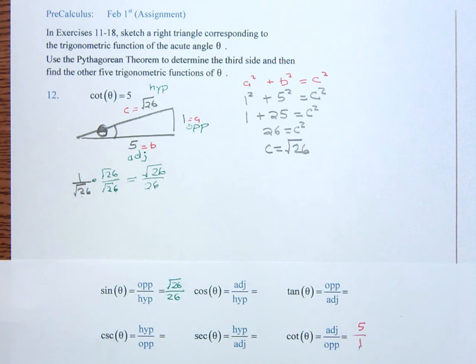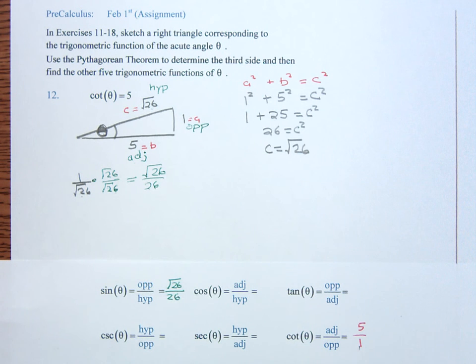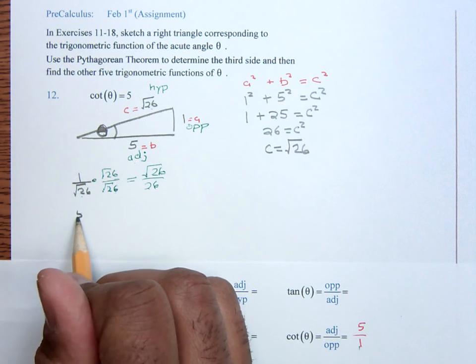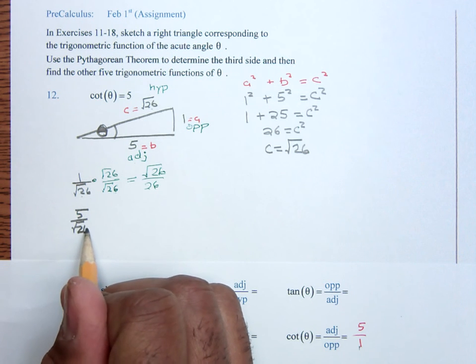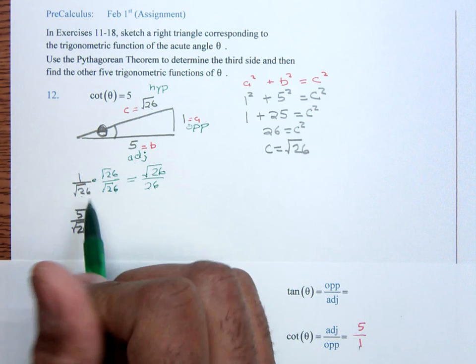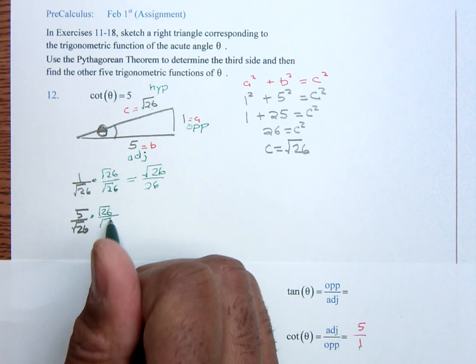The cosine is going to be the adjacent over the hypotenuse. So 5 over radical 26. And I don't think I'll go through every step here, but we're going to do the same thing. We're going to multiply by radical 26 over radical 26.